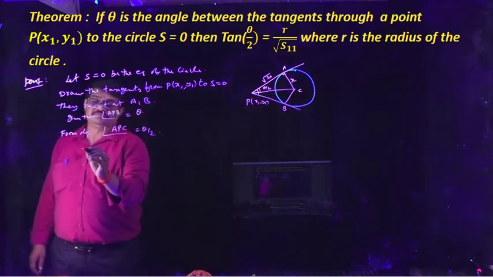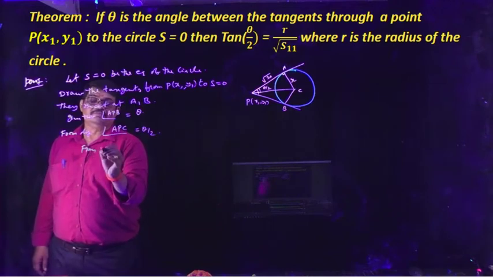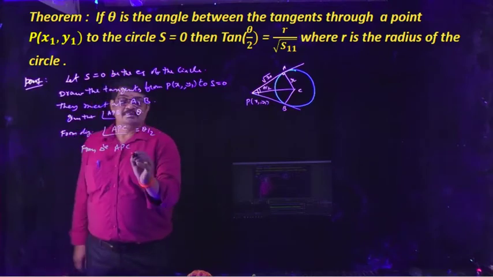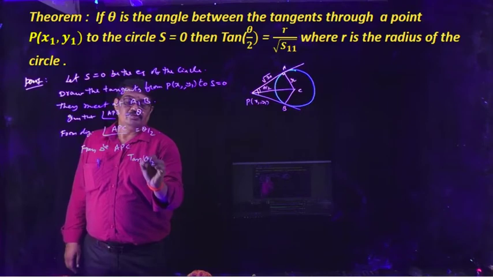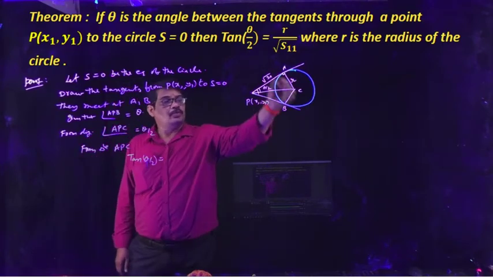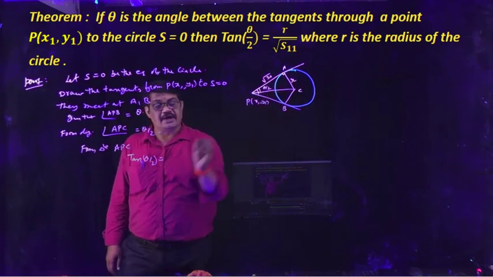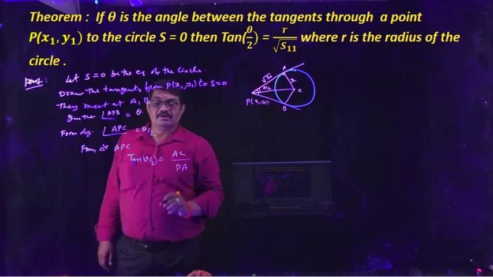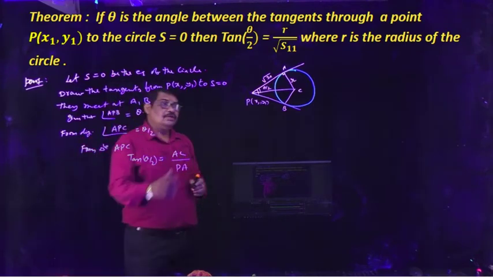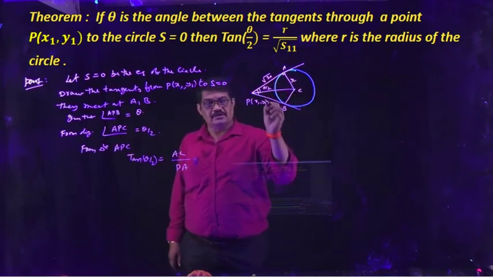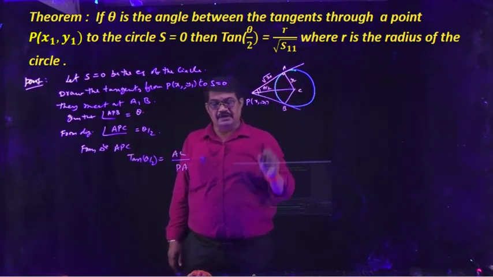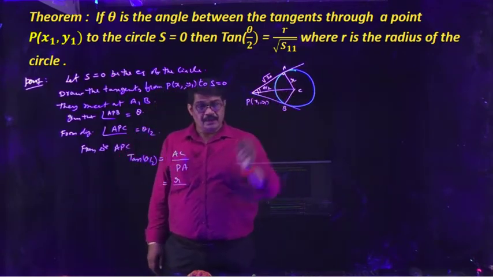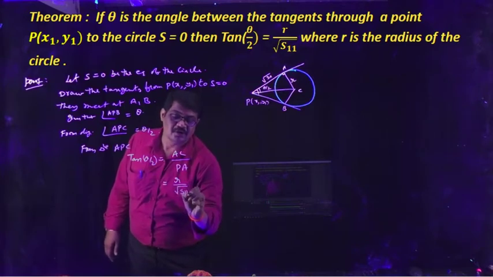From triangle APC, we write tan theta by 2 equal to opposite by adjacent. What is the opposite side? AC. What is the adjacent side? PA. Here AC is the radius and PA is the length of the tangent, that is root of S11.